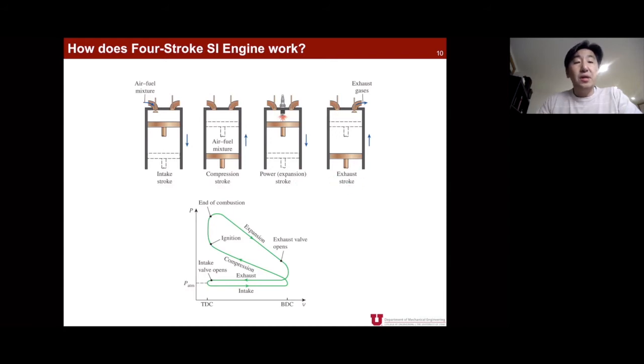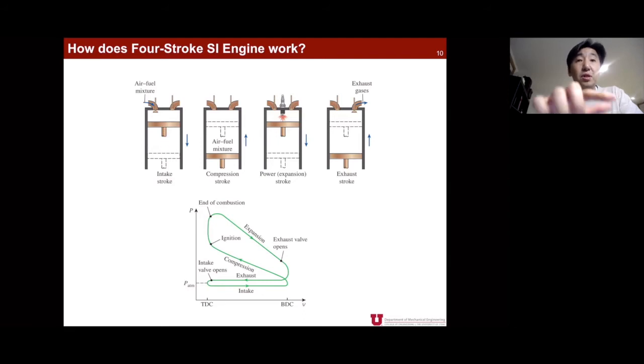Then what happens in the intake stroke? During the intake stroke, your piston, initially positioned at the top at TDC, moves down to BDC.